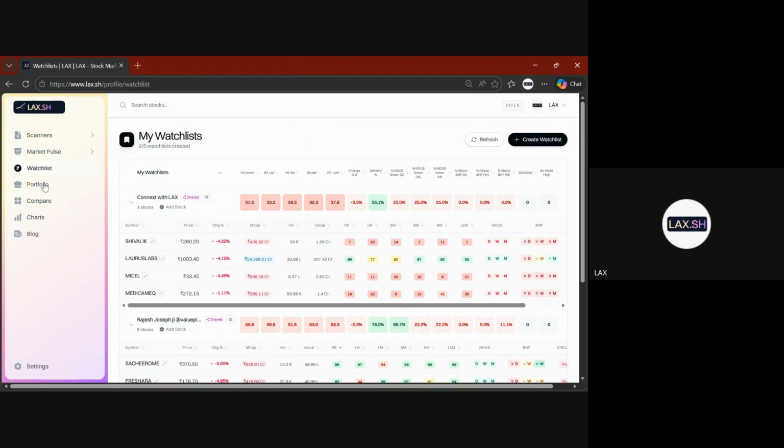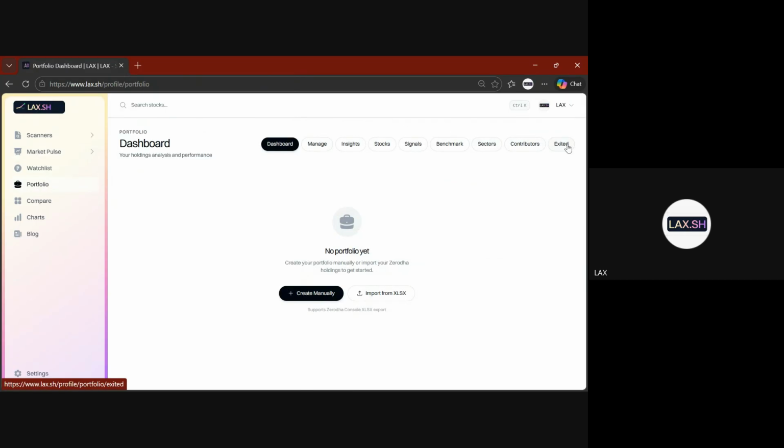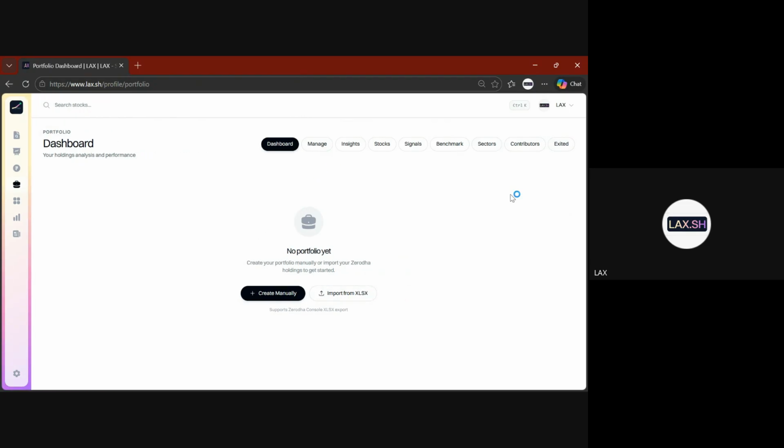So you can really use it that way. Plus, we have also added a portfolio section. You can upload your portfolio and then see a lot of really interesting insights there. And always go with the data. It works for ETFs as well as stocks. Anything else?